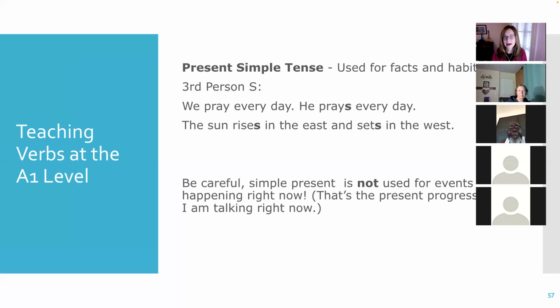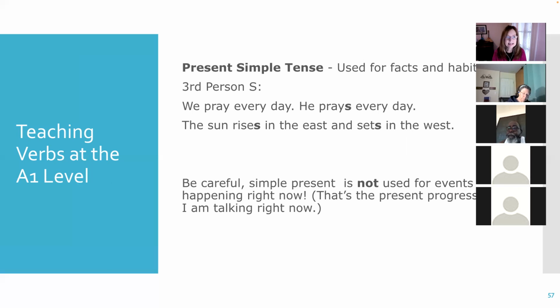It's one of the most common verbs in English, and it's a little bit tricky for many students, especially because of the third person singular S. That means that if the subject of the sentence is he or she or it, a singular subject that refers to one person or one thing, we put an S at the end of the verb in the present simple.